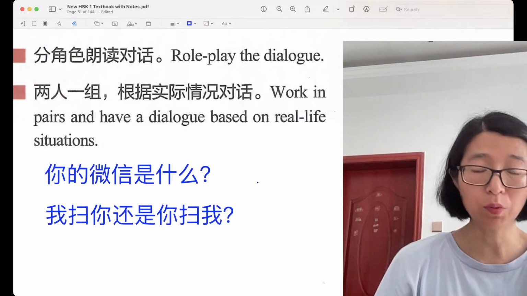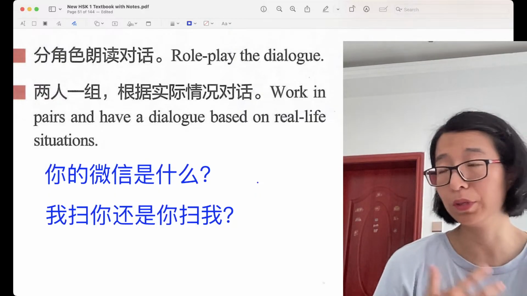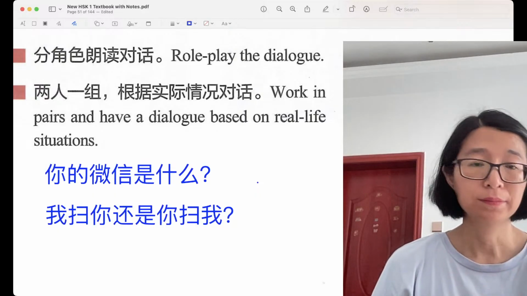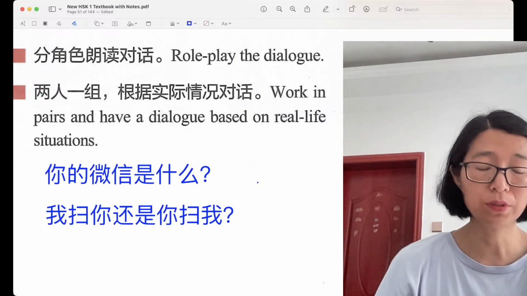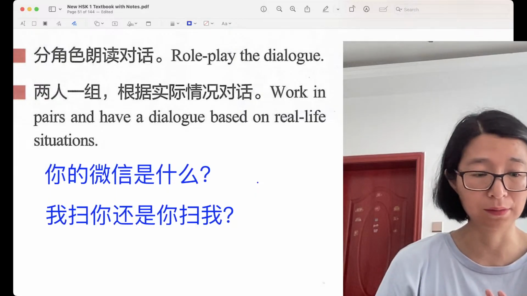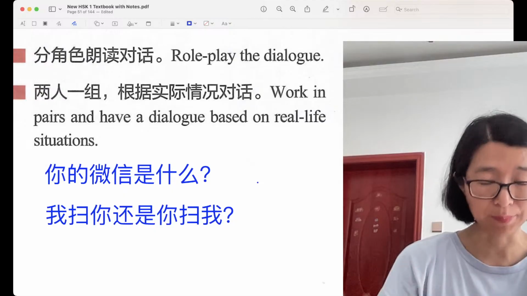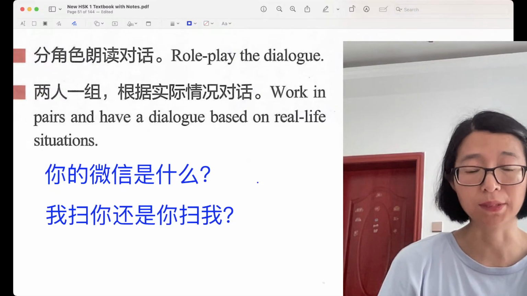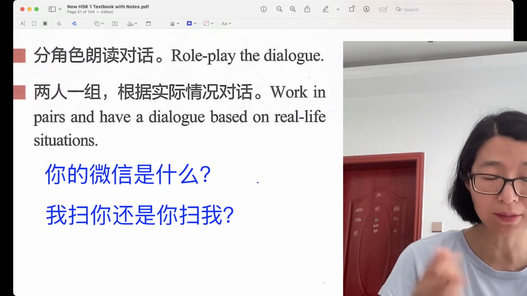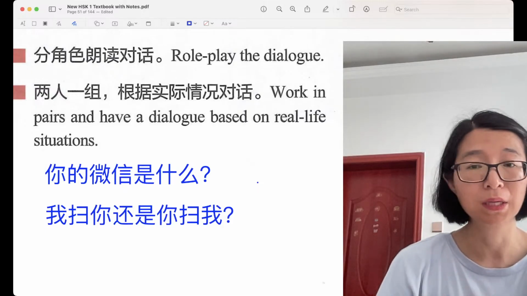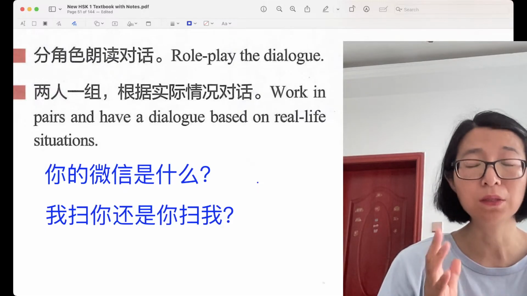But if the person is older than you, or in a higher position than you, it's better for you to scan that person. So you can say, 哦，我扫您. Yeah, be polite. Use the respectful word 您, 我扫您.